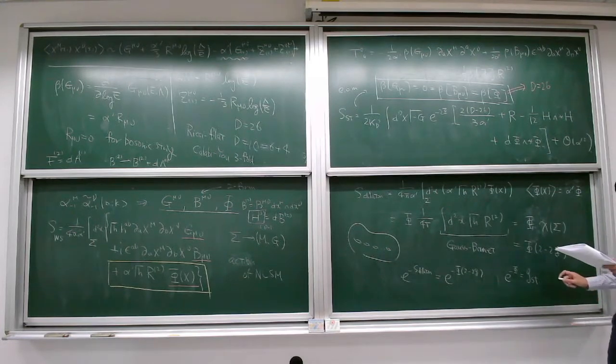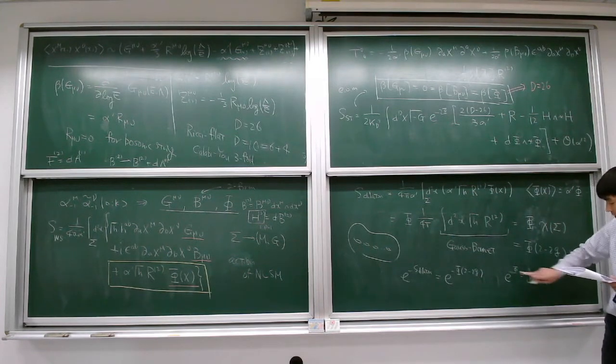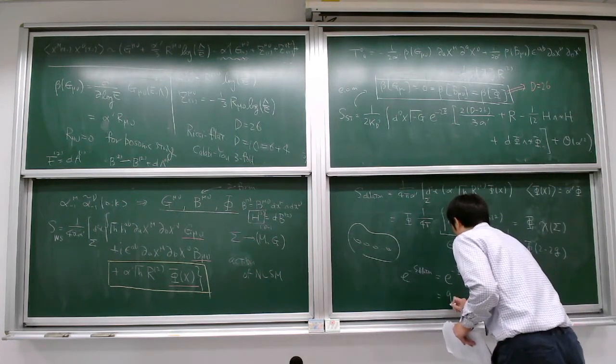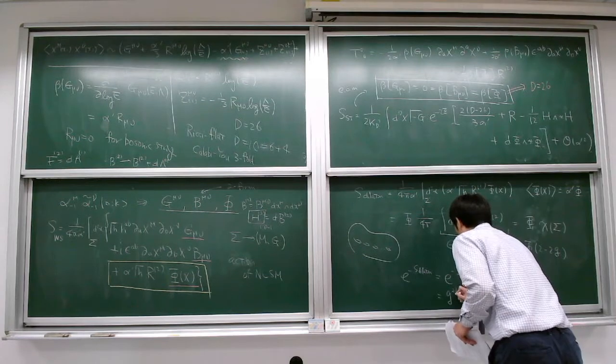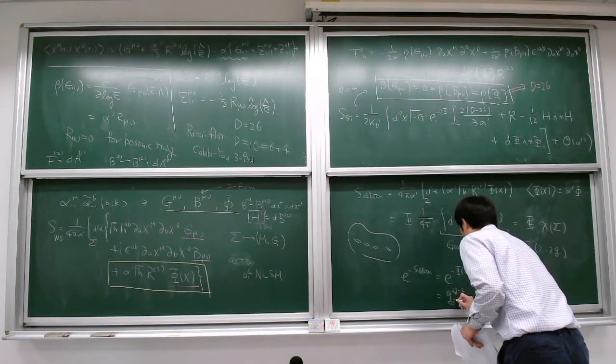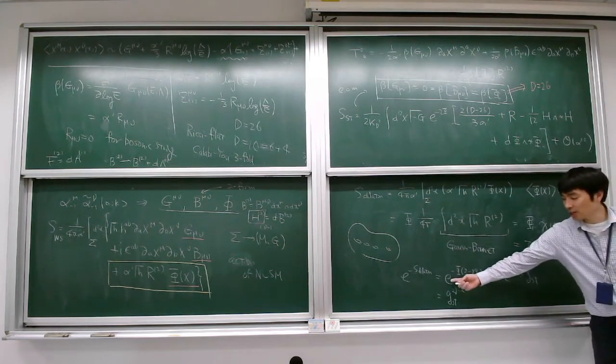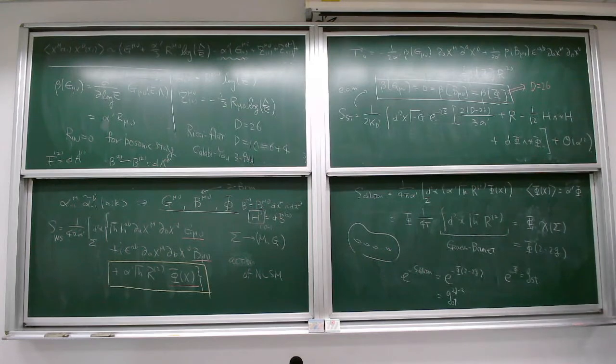Oh my goodness, I think I made a mistake. e to the phi, yeah, e to the phi is different. So essentially this can be written as g to the power 2g minus 2, with g the string coupling constant. I will explain why we can consider e to the phi to be the string coupling constant. It is just the expectation value of the dilaton field.